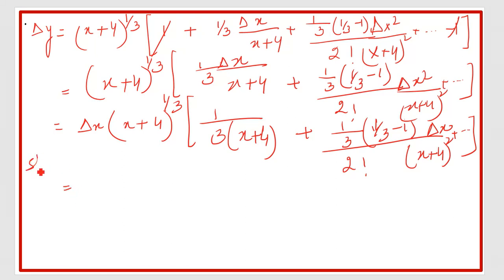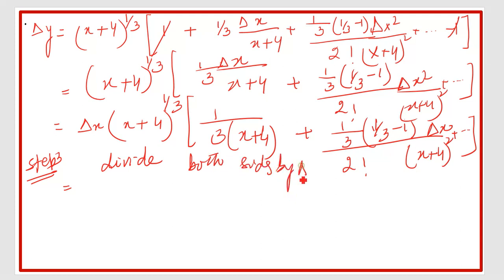Now here is step number 3. In step number 3, divide both sides by delta x.